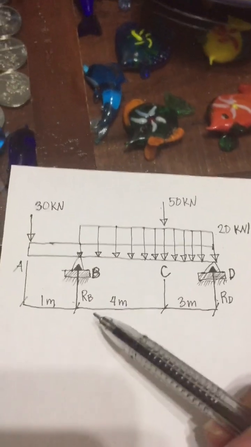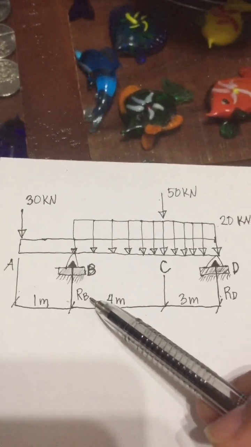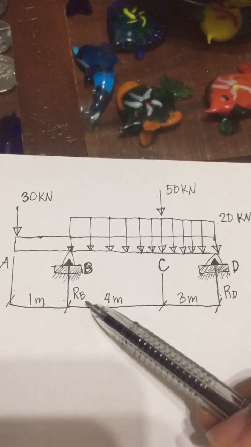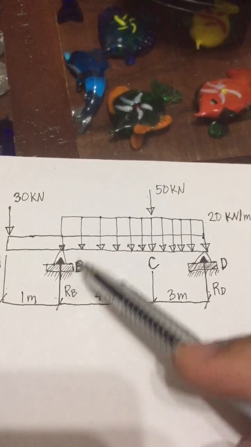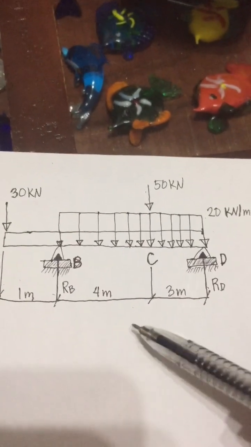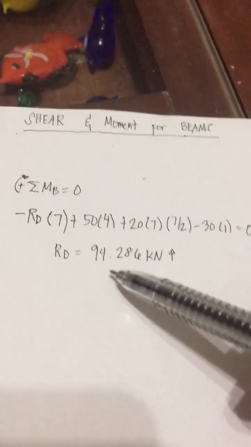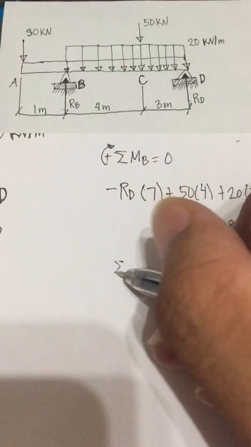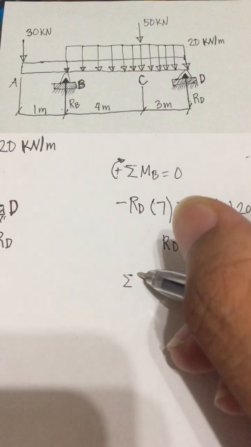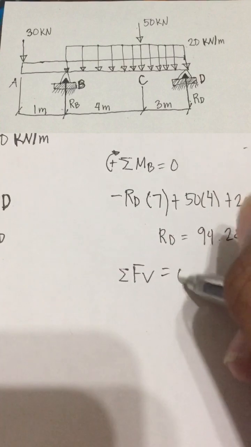Then, to find the reactive force RB, we take the summation of forces along the y-axis, the vertical axis, since we have the value for RD, which is 94.286 kilonewton. The summation of forces along the vertical axis is equal to 0.